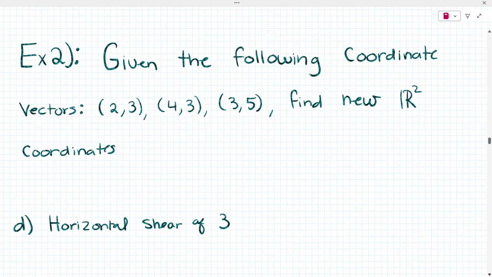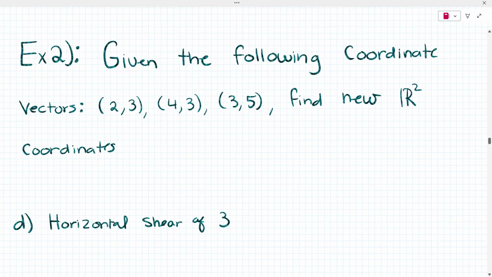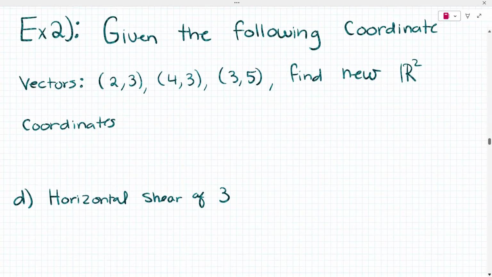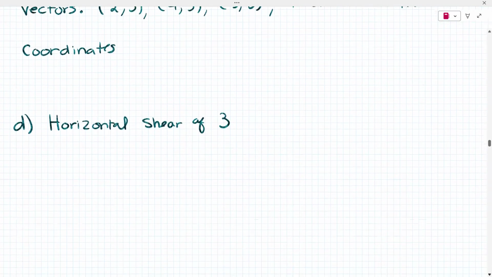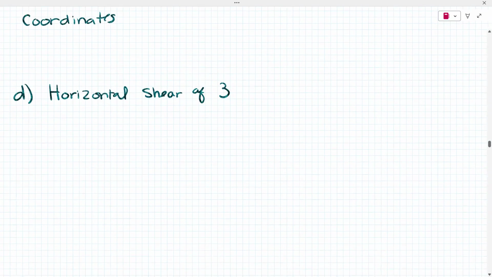Okay, let's do another example. Example 2 says, given the following coordinate vectors, (2, 3), (4, 3), (3, 5), find the new matrix in 2D, or the coordinates as well. See horizontal shear. Start with your original coordinates: 2, 3, 4, 3, 3, 5.